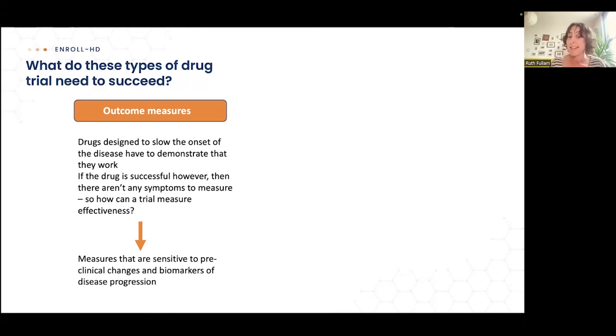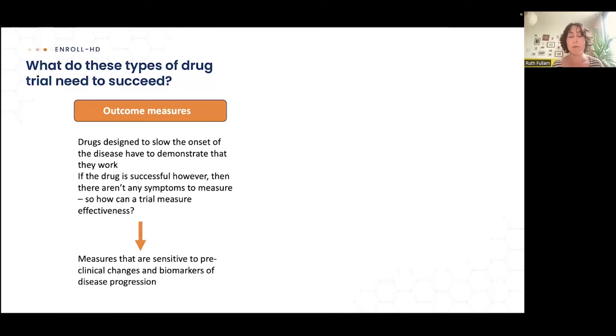We need measures that are sensitive to preclinical changes, so changes that might occur in a time period before people start showing clinical symptoms. And we need to identify really good biomarkers of disease progression. When I'm talking about biomarkers, I'm referring to things that you can sample from the body, things like proteins, for example, that might change in relation to the disease as the disease progresses.